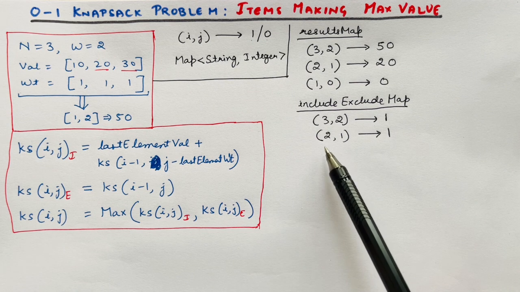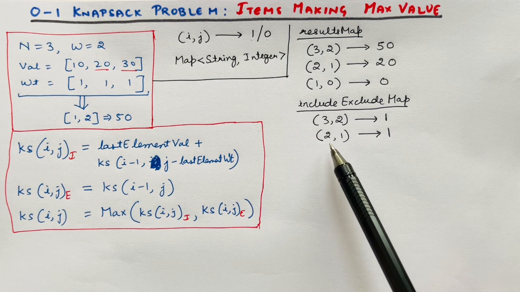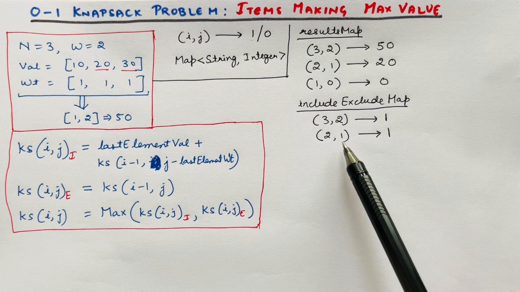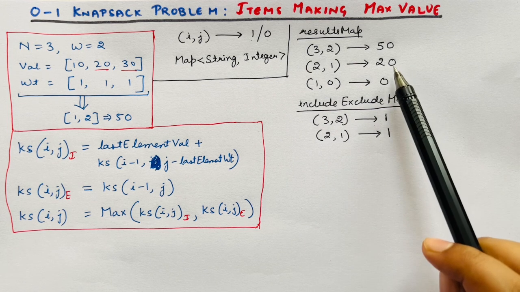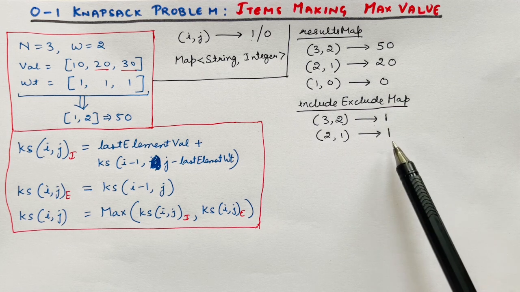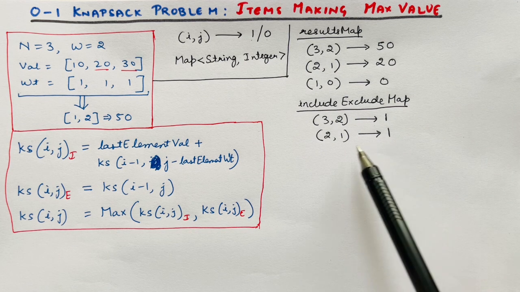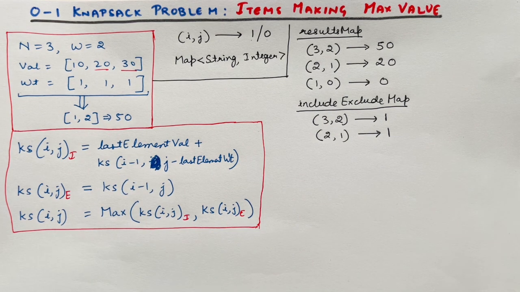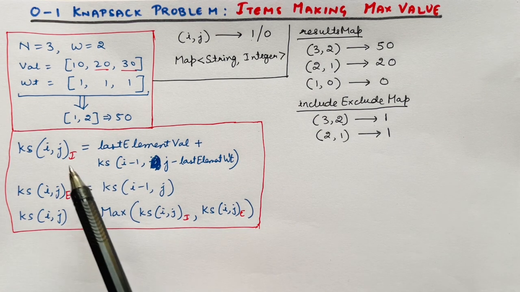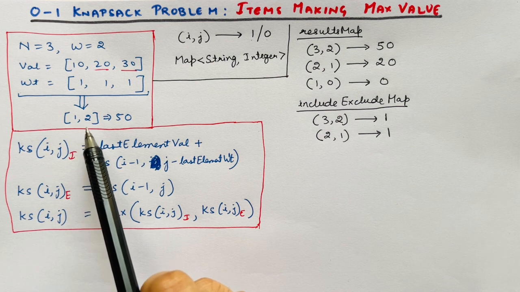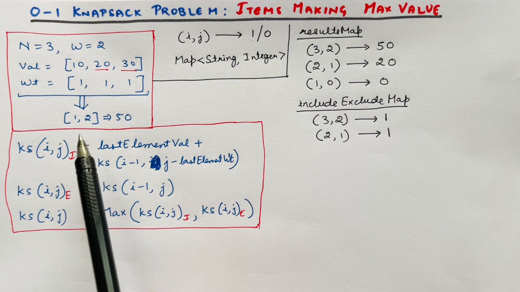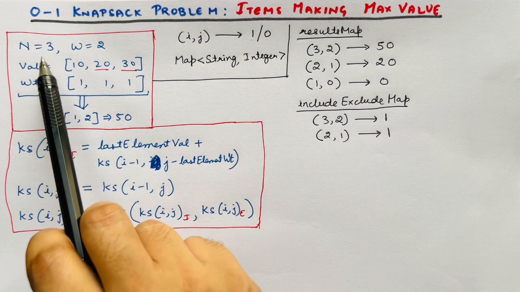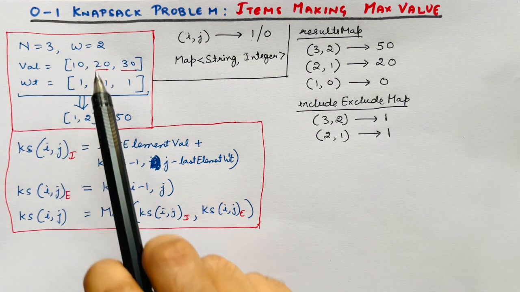Similarly, if we are considering the first two items and our capacity is 1 and we have to obtain the maximum value, then we have to include the last item, the second item, which is 20. Now, our aim is to figure out the index of the items that were put in the knapsack to obtain the maximum value for n equal to 3 and w equal to 2.